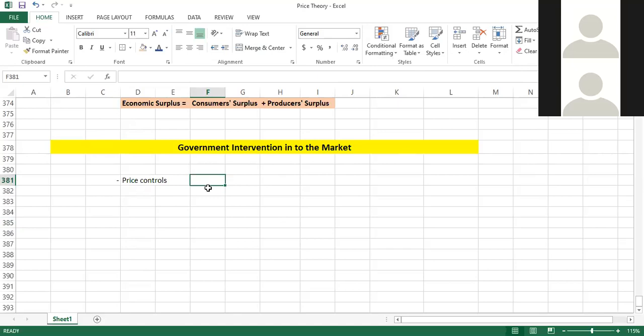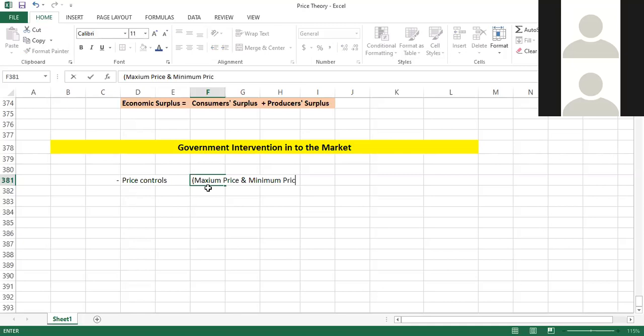So there are two types of price control, right? We call them maximum price and minimum price. Maximum price, as you mentioned, is also called price ceiling. And the minimum price, what is the other term used for minimum price? Price floor. Price floors, right?